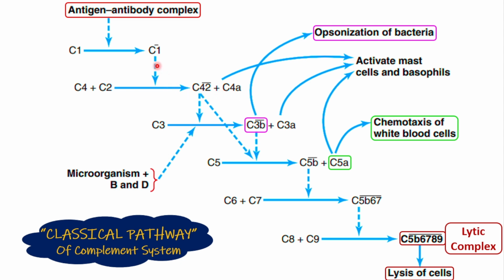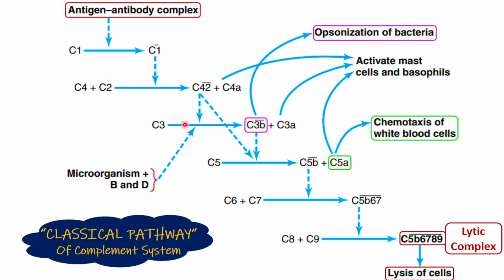And then it is just like a chain of reaction, where one activated enzyme will activate the next enzyme precursor in the line, and the activated form of that enzyme will activate the other. So C1 is converted into its activated form, and that will convert C4 and C2 into their activated forms.